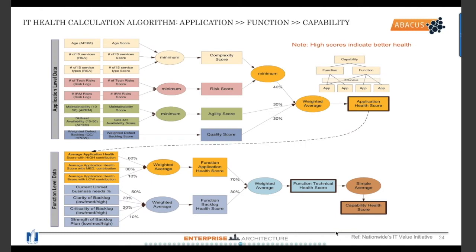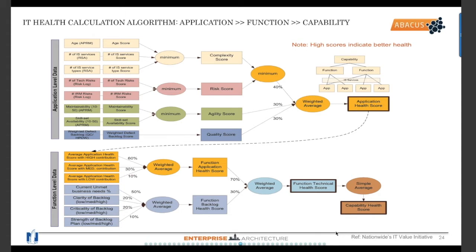Now let's dive into at least one of the areas. Let's look at the IT health calculation. As you can see, you have all the infrastructure level data, we pull them up at the application level.